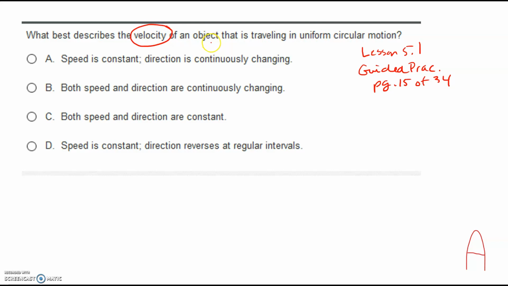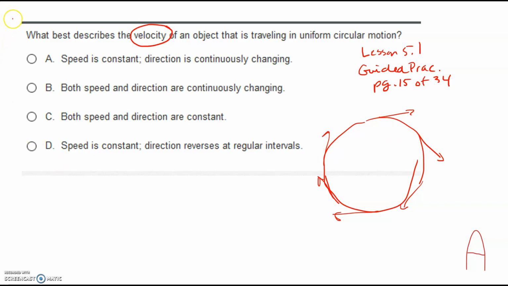Remember, velocity is a vector, so it has magnitude and direction. So the speed is constant if you look at the diagrams, but the direction is constantly changing because it's going in this circle, and you have your velocity. The magnitude seems to be the same, but the direction is always changing. So I chose A.